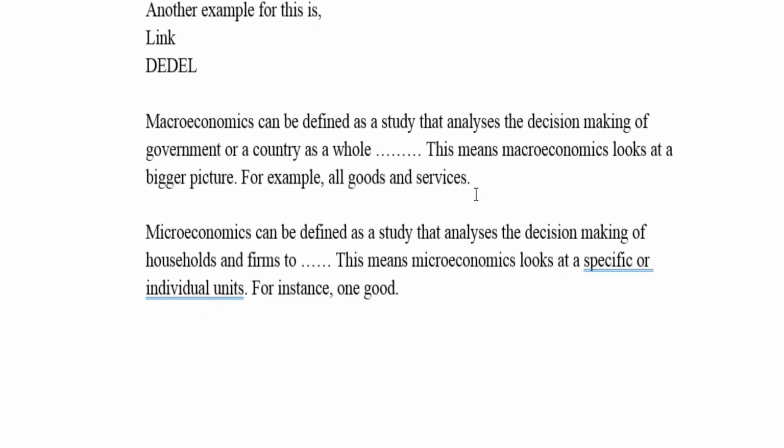So let us continue again. Therefore, I use therefore. For example, all goods and services, the price level of goods and services, not the price of goods and services. The price level of goods and services is the macroeconomics, and what we study in macroeconomics. Therefore, okay, macroeconomics, again, we want to paraphrase, looks at the bigger picture.